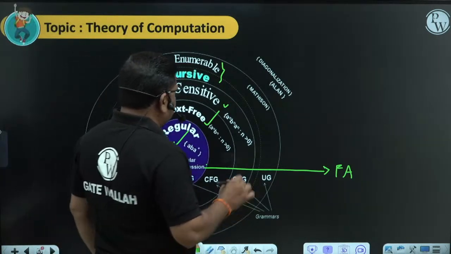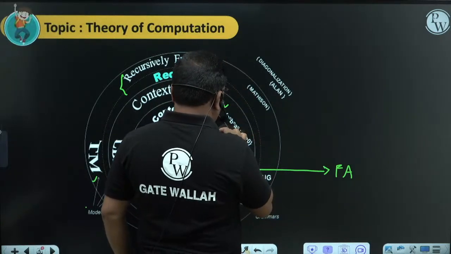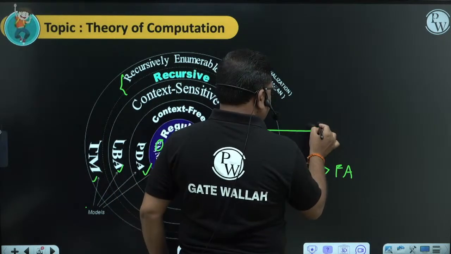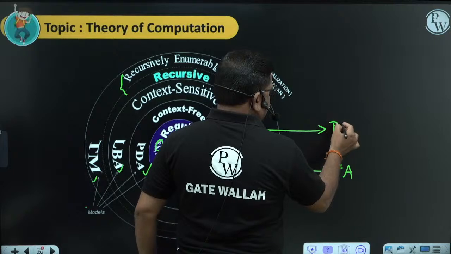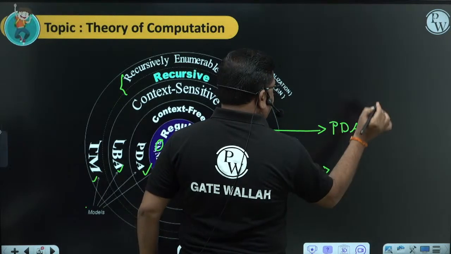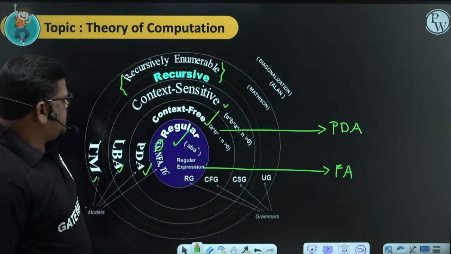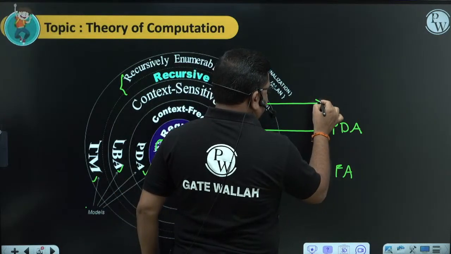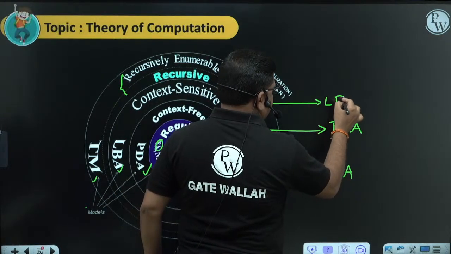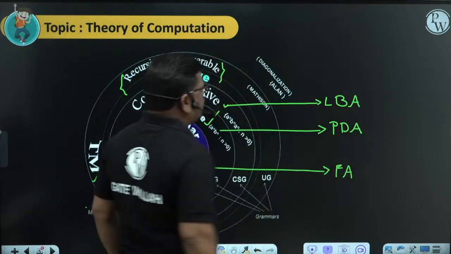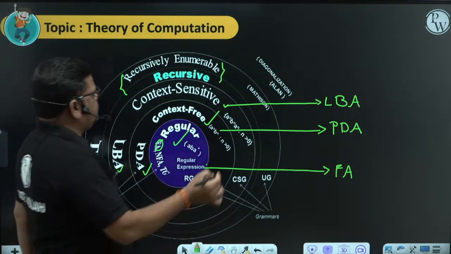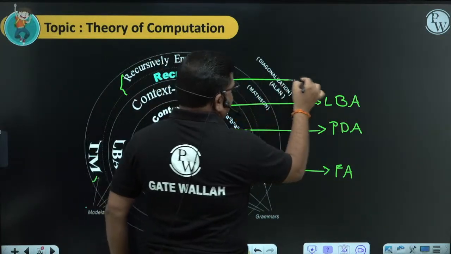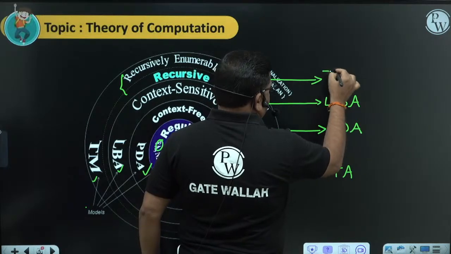The automata used to construct context-free languages is push-down automata. The automata used to construct context-sensitive languages is linear bounded automata. The automata used to construct recursively enumerable languages is Turing machine.